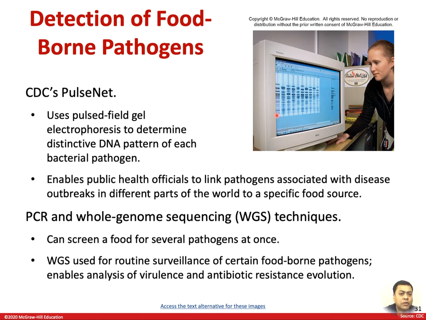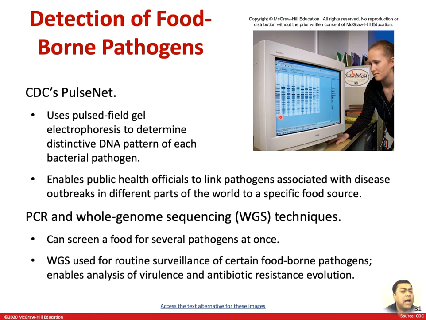Suppose you take the first line. This is just for your illustration purpose. Suppose you have the strain of E. coli O157:H7. You isolate that from the food product, or you have taken a food sample where you suspect that the pathogen is growing. So you isolate the pathogen and then grow it in culture.